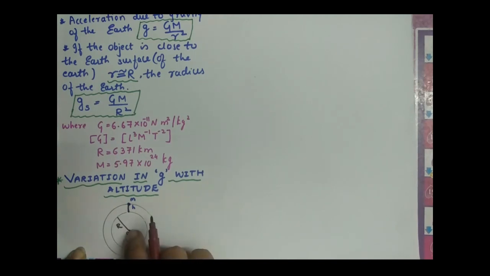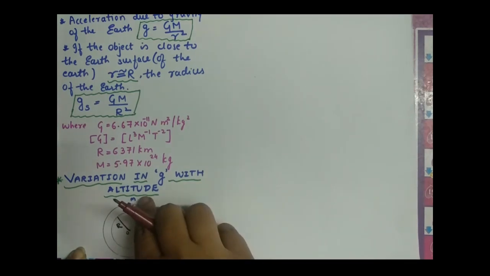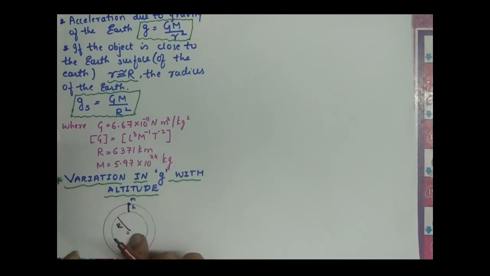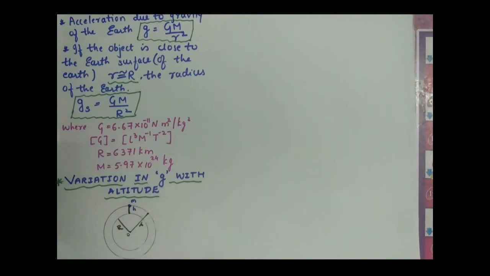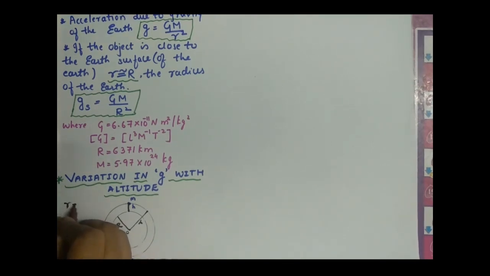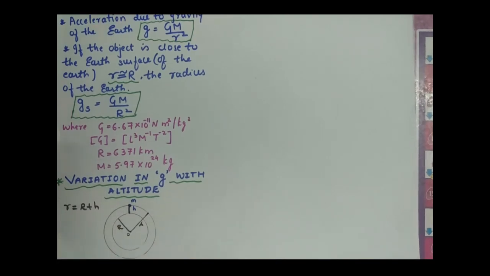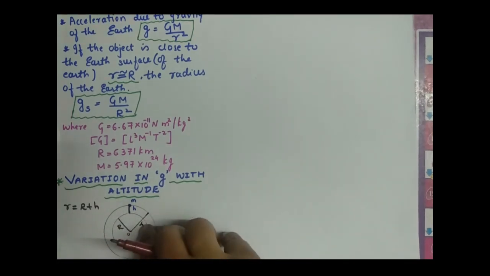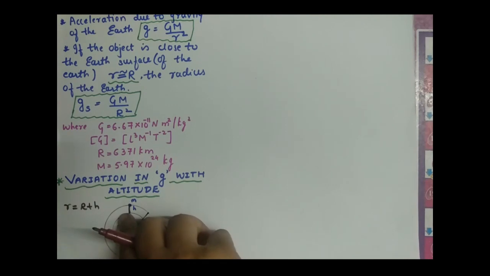Now what is the total height of this object of mass m from the center of the earth? That we can take as small r, as shown in the figure. So can I conclude that small r is nothing but R plus h? Small r is nothing but R, the radius of the earth, and h, the height of the object from the earth's surface.